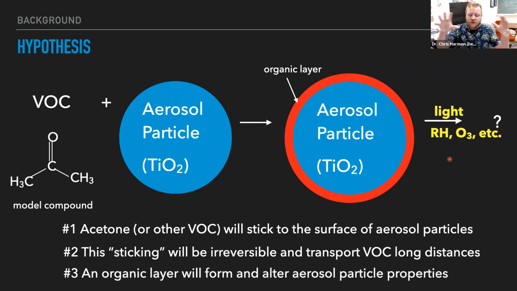And as this VOC gets taken up onto the surface, it will become this organic layer that will then alter aerosol particle properties, because now the surface of this particle is some organic layer as opposed to this inorganic core. And so the way that it interacts with the environment will be different if it's got this organic shell around it, okay?